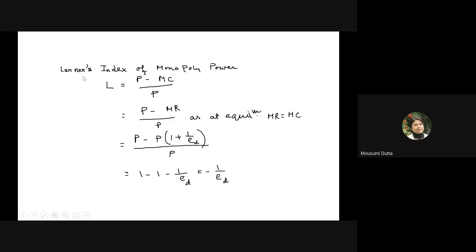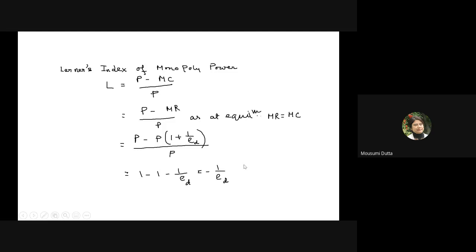So there is the famous Lerner's index of measuring market power. Using that, we get that L can be presented only in terms of elasticity of demand. And elasticity of demand has an immense role in determining market power. Lower the value, higher the power; greater the value, lesser the power.